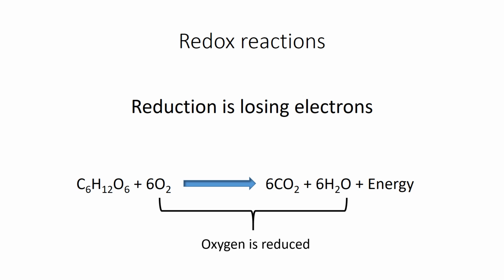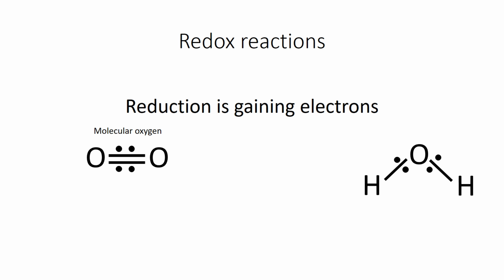And here's how it works. Molecular oxygen is one of the reactants of cellular respiration. There's two oxygen atoms held together, and they're being held together by nonpolar covalent bonds. Yes, oxygen almost always forms polar covalent bonds, but oxygen being bonded to itself, they both have the same electronegativity, so they form a nonpolar covalent bond.